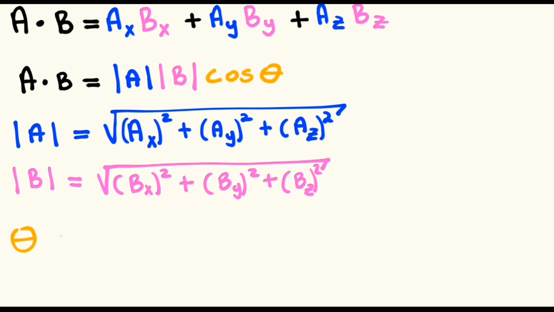And angle theta is defined as the smallest angle between vectors A and B.